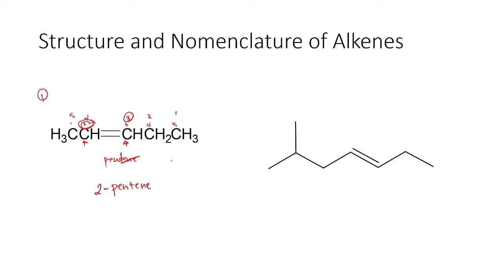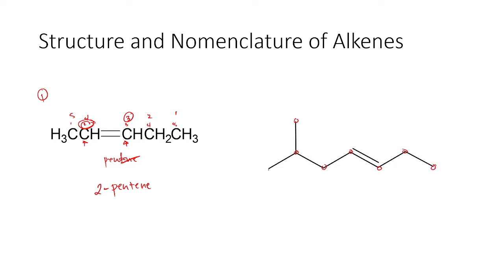Okay. So same goes for the other example. We just need to look for the parent chain. In that, actually, we have here a methyl. So pwede natin gawin, it can be 1, 2, 3, 4, 5, 6, 7.